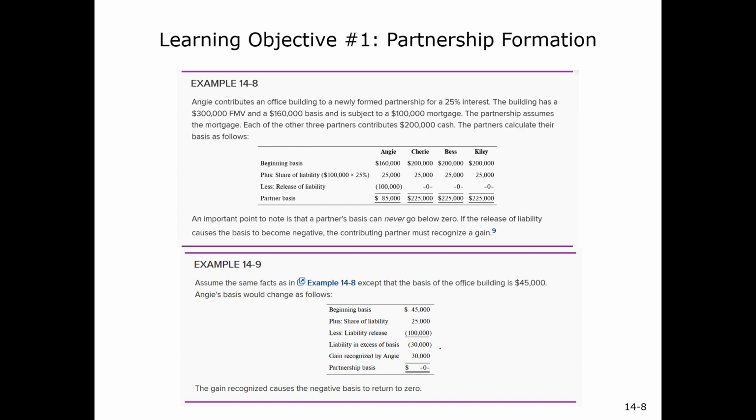And so we have an excess here, because we cannot generate a negative basis for the partner when there's a mortgage attached to the property. Then we're going to have to recognize a gain on this negative basis. So Angie will have to pay taxes on this gain.